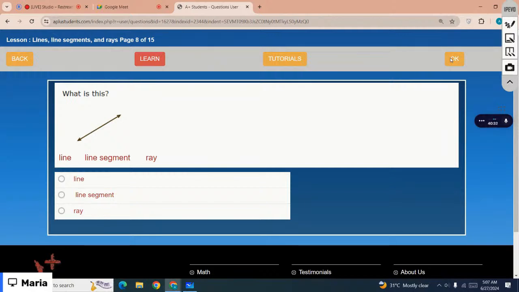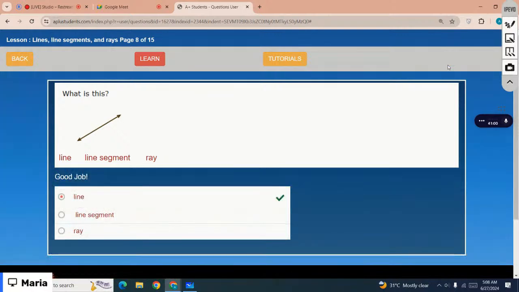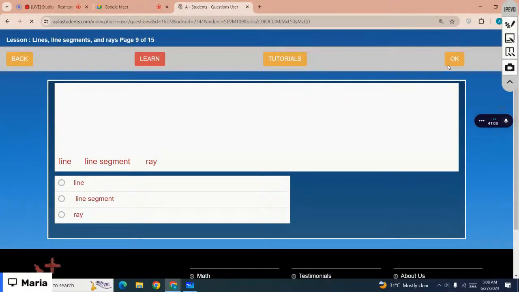What is this, line, line segment, or ray? Line it is. What is this? Line segment.